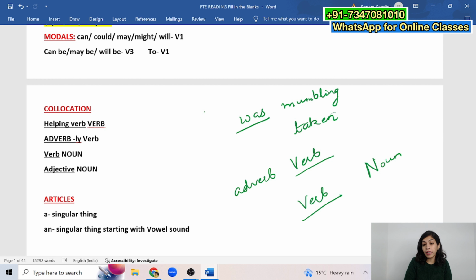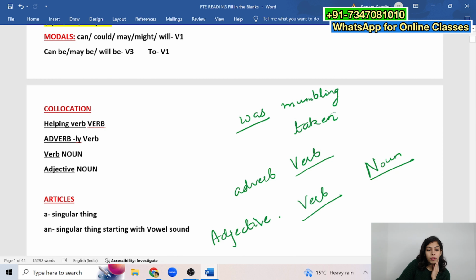She was mumbling. Okay, softly. Here we can also get an adverb afterwards. That we need to see on the basis of the sentence, and I'll tell you how. So for example, we have a noun. We can also get an adjective before a noun. That totally depends on the demand of the sentence. Okay.